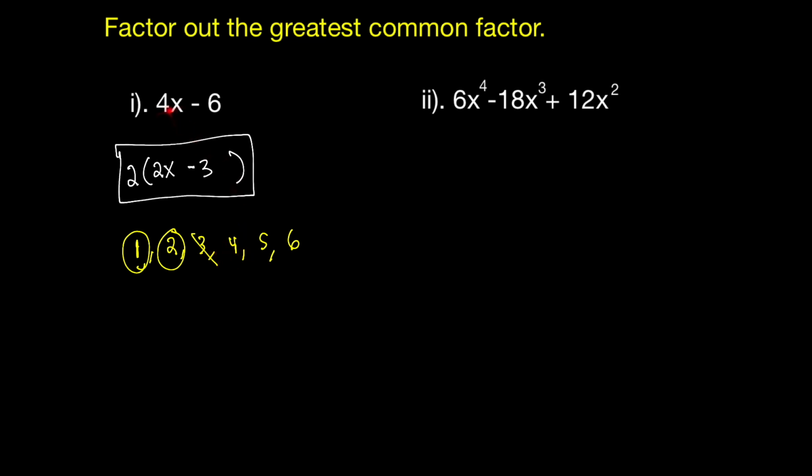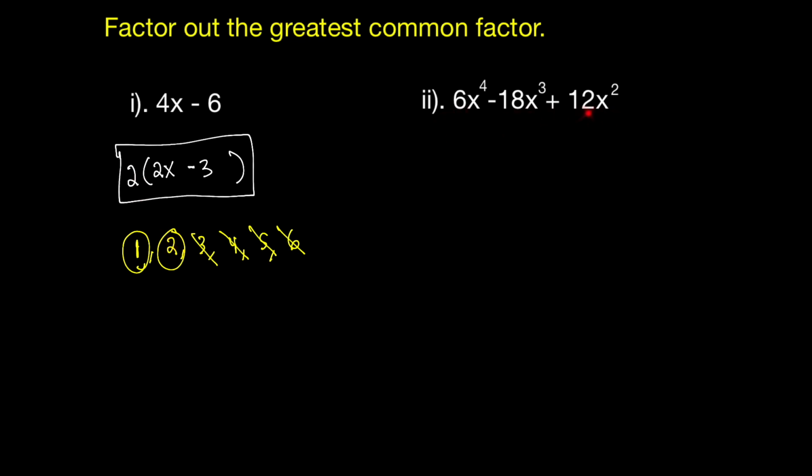Now next, 4 divides 4, but it doesn't divide 6. So here we cannot use 4. 5 does not divide 6 or 4, so we're going to cancel that one out. And next, 6 divides 6 evenly, but it doesn't divide 4 evenly, so we can't use this. So our options are 1 and 2, but we want the greatest common factor, which is why I used 2.